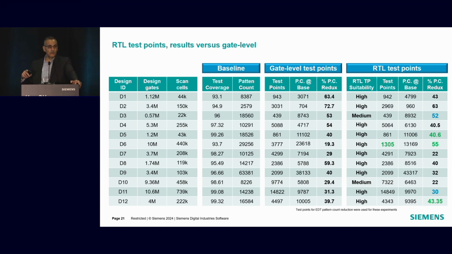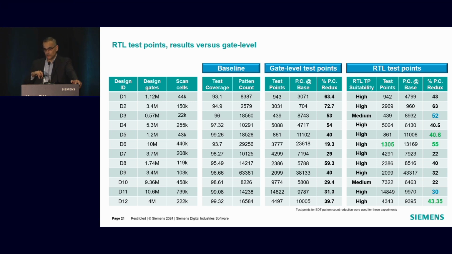And then the last group of data is for RTL test points. Pay attention, first of all, to the RTL suitability. That's the suitability for test point insertion that the tool determined for all these designs. Then the number of test points, which of course in some cases will be different. You can see there's one case, 1305, highlighted in green.